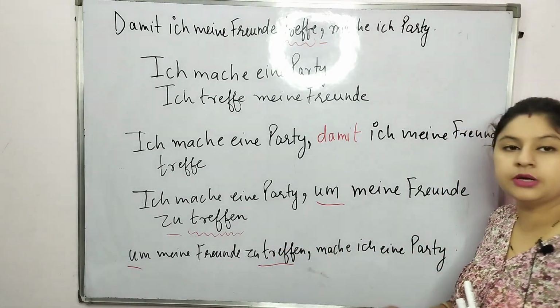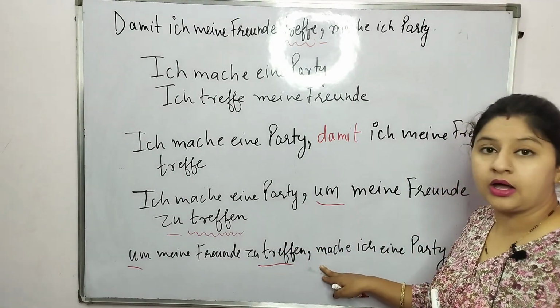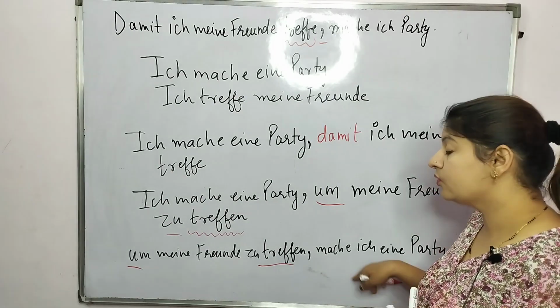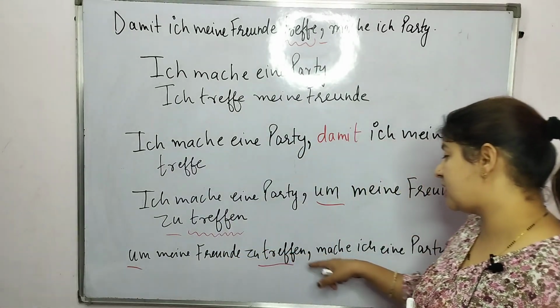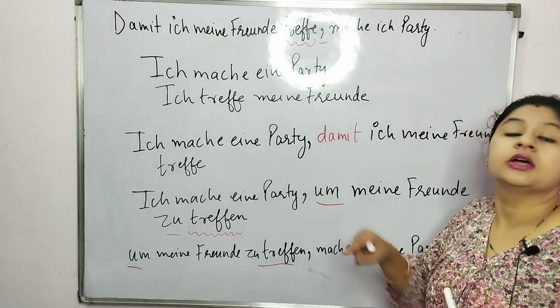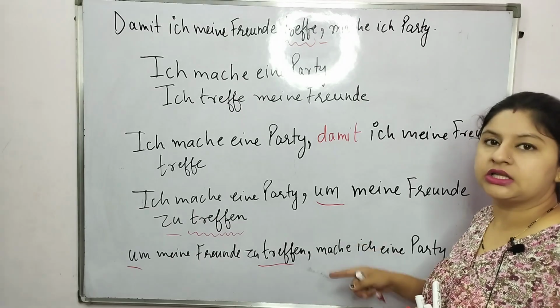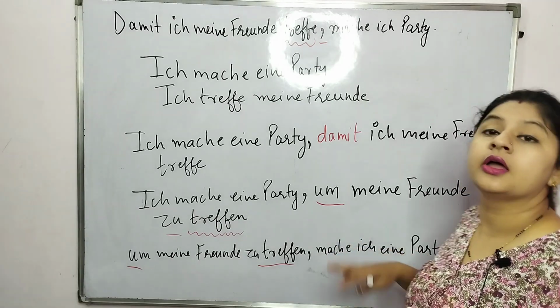Again, the verb is after the comma. If you write: Meine Freunde zu treffen, ich mache eine Party, it will be wrong. After the comma, you have to put the verb, otherwise the sentence will be wrong.